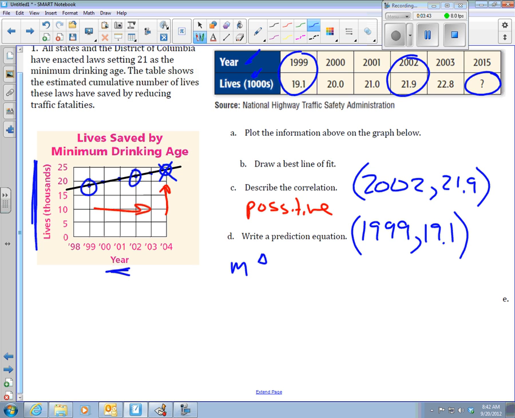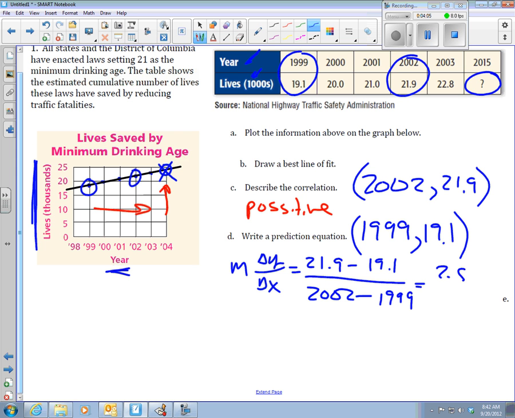Slope is change in y over change in x. So we're going to have 21.9 minus 19.1 all over 2002 minus 1999, which is going to give me a grand total of 2.8 over 3.